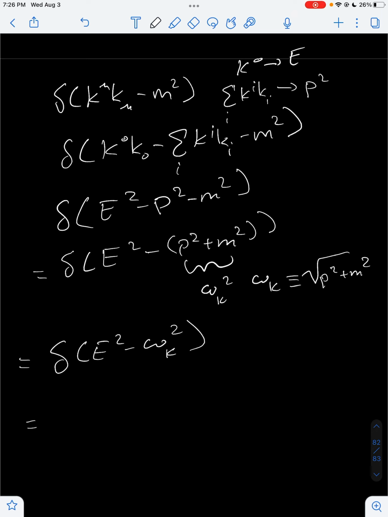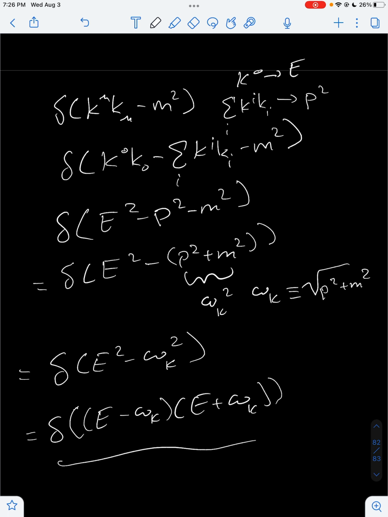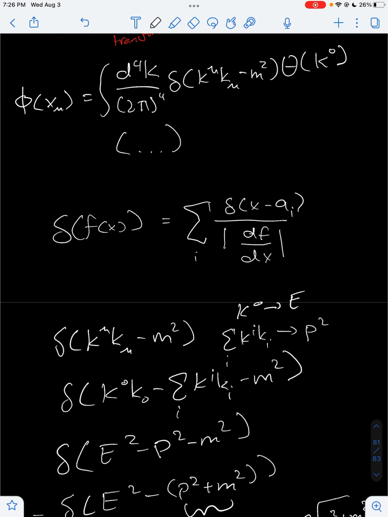So you can just rewrite this as e minus omega k times e plus omega k. That's just the binomial expansion or something of the difference of squares. So I now have this equation over here, and now we can use this guy.